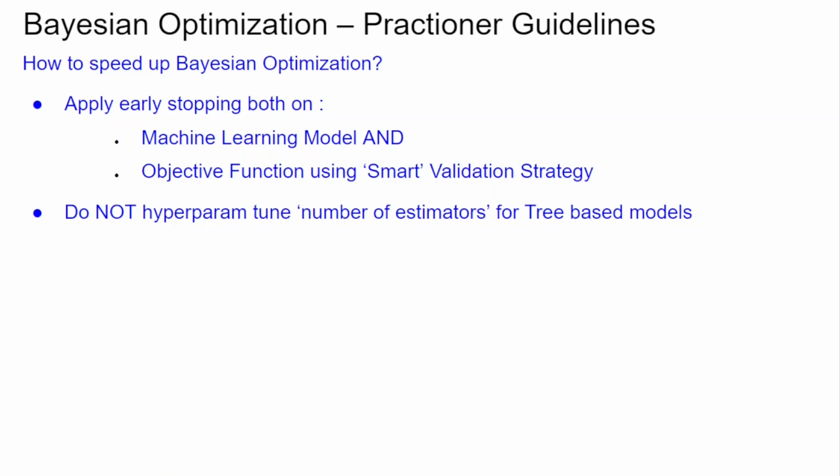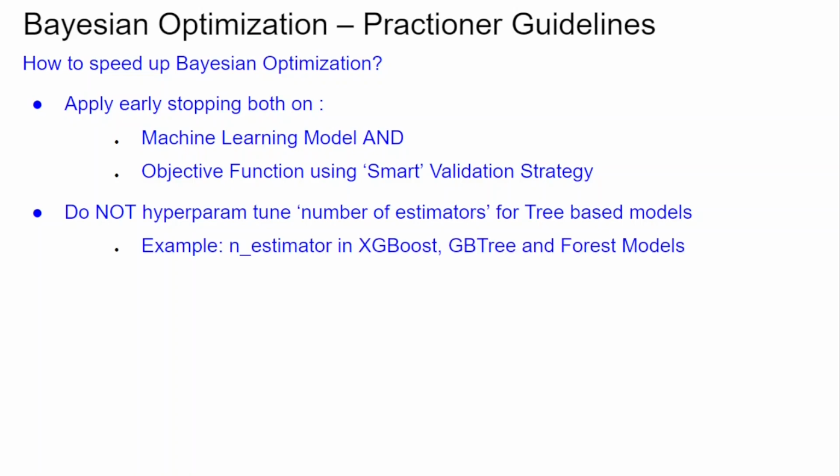Let's not do that, because that is a separate exercise compared to finding the values for those parameters. So what would be an example? Number of estimators means n_estimators in XGBoost, decision tree, forest models. Don't bring this n_estimators in as your hyperparameter optimization. Figure that out as a separate exercise when you do the model selection. That is what we are saying.